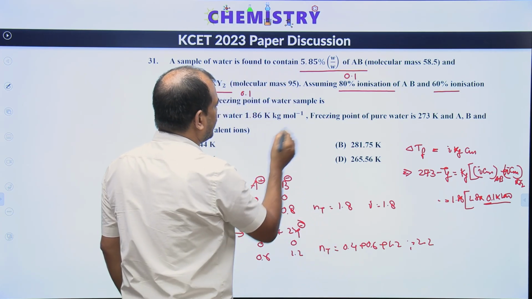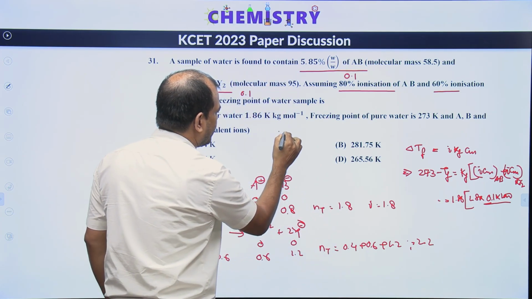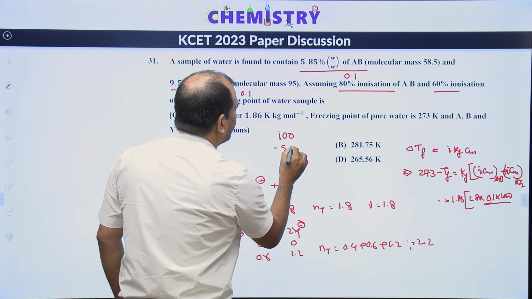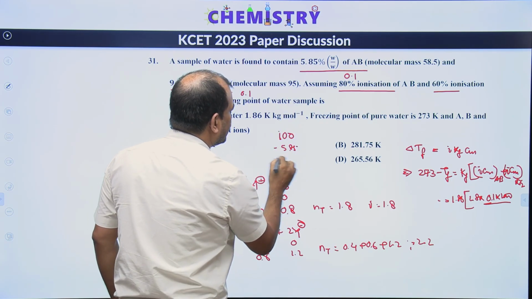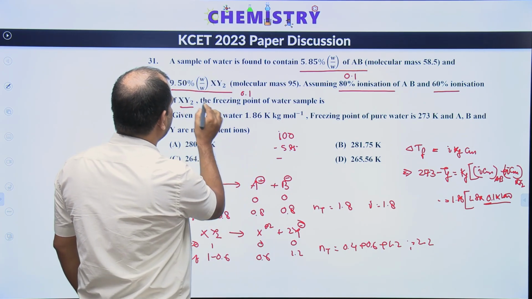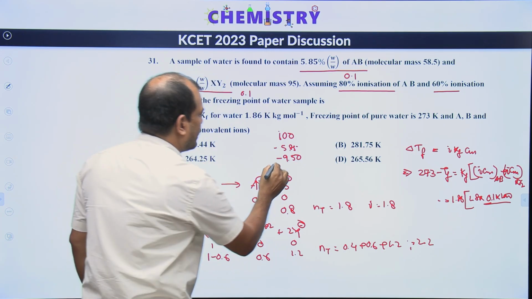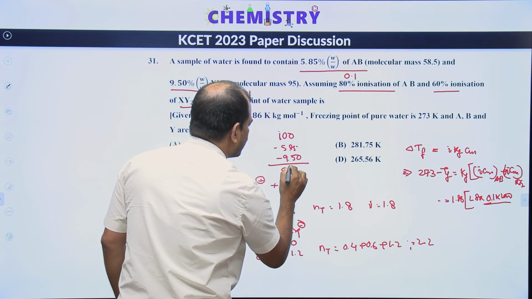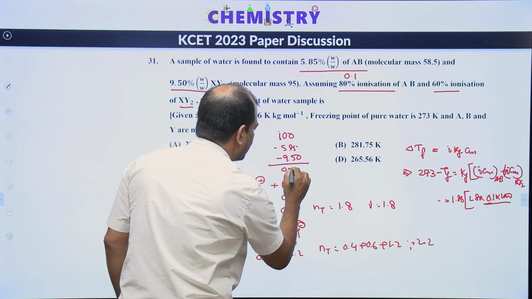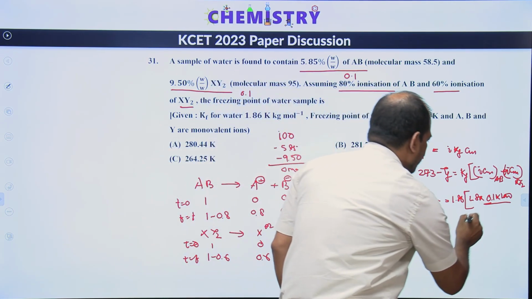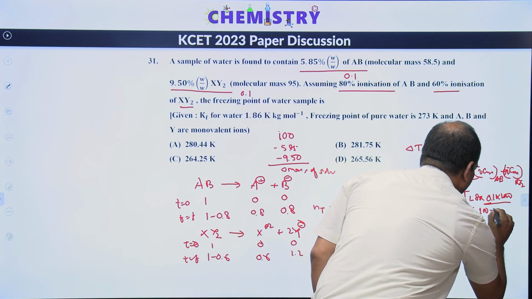Now what is important here is the mass of the solvent. How can we write it? 100 minus 5.85 minus 9.50. That will give the total mass of the solvent.